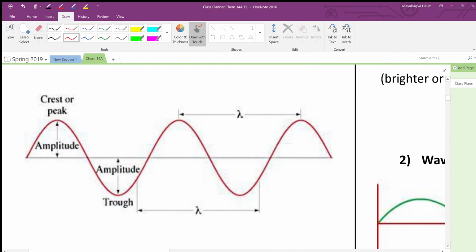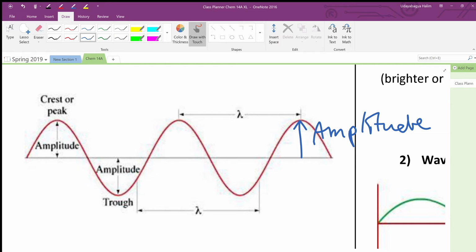It looks more or less like this particular picture. The important thing I want to mention is that a wave has an amplitude. It also has the symbol lambda here, which is the wavelength, as well as the frequency.